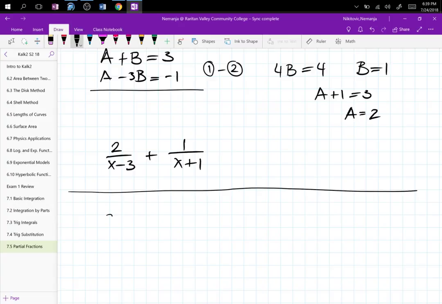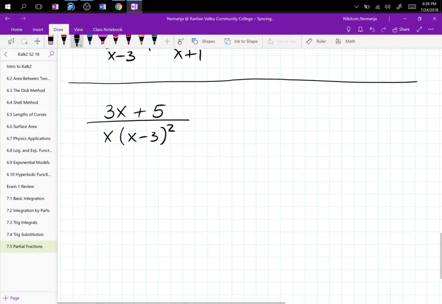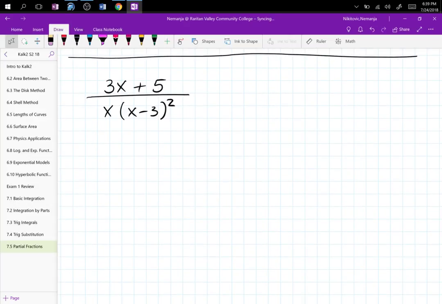So we have 3x plus 5 divided by x minus 3 squared. So let's say this is something that you are supposed to work the partial fraction for. Probably I'm going to regret this, but that's okay. Such is life.